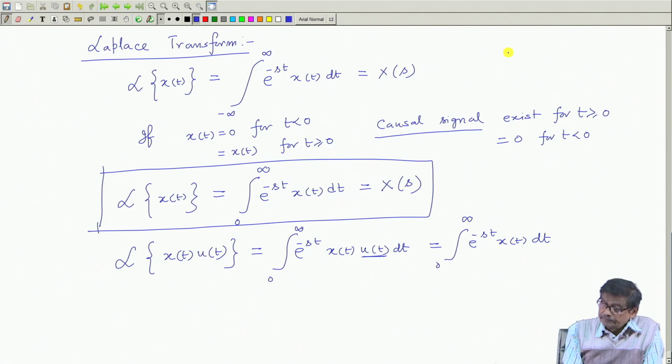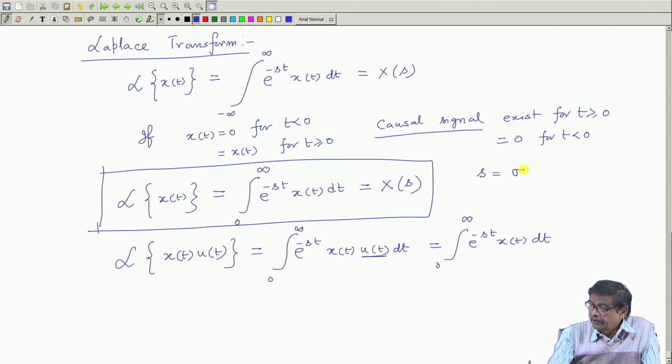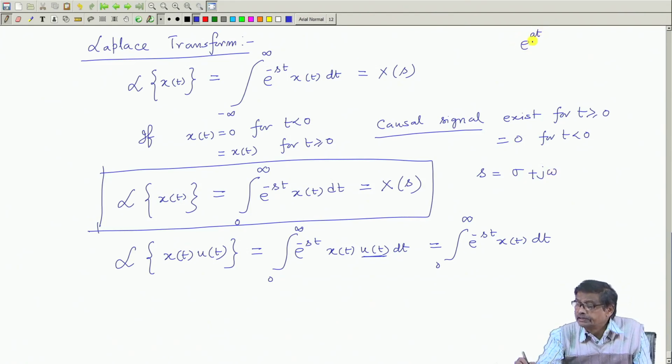This s is called a complex frequency, s equals sigma plus j omega. Mind you, e to the power, you write e to the power anything, what is the dimension of this a?